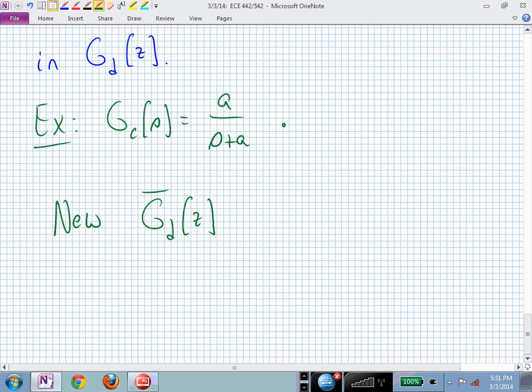So now it's going to be barred. It's now a G sub D of Z bar. The pole maps the same way as before. I had a 0 at infinity, but I just said reduce that by 1, so that means just get rid of that factor. And now I'm going to have a new gain, let's say a K bar.